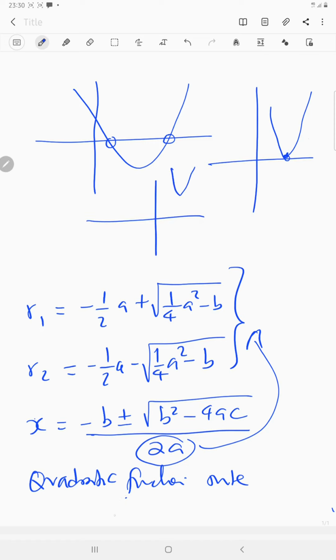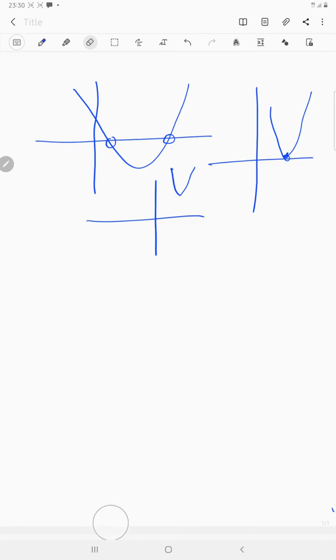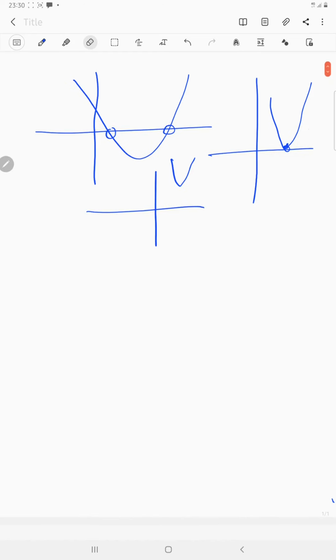When we have something like that, we have a general formula which can be noted in this form: x equal to a e to the r1 t plus b e to the r2 t.